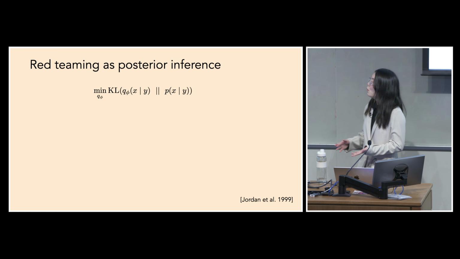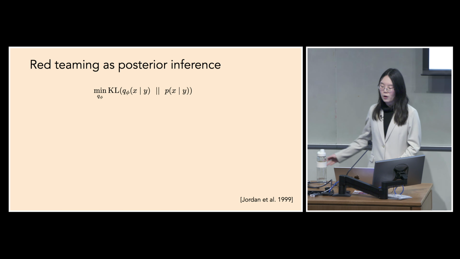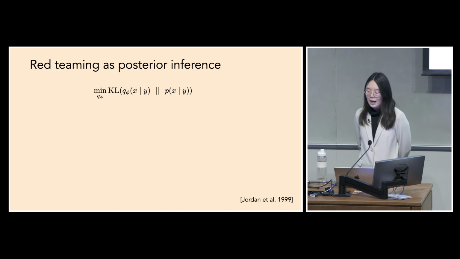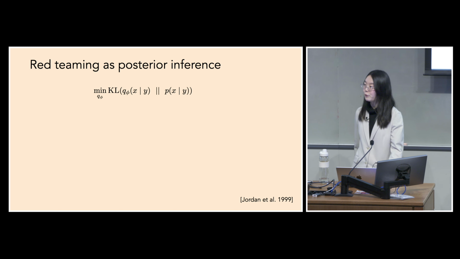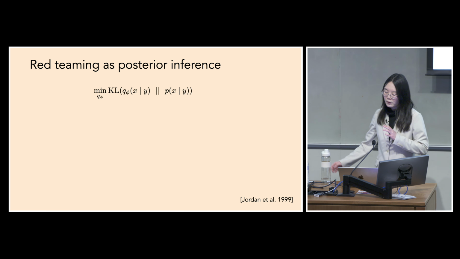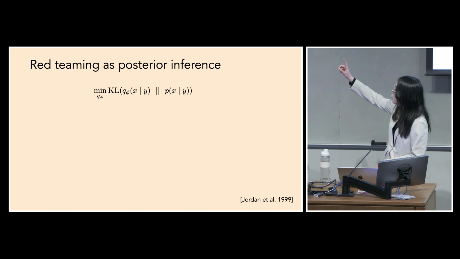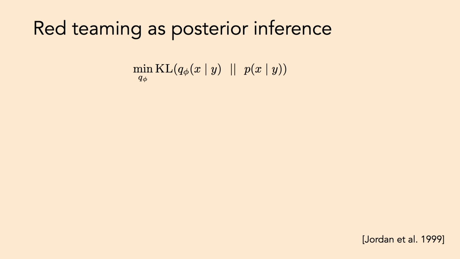So we really need to solve for this posterior inference problem more directly. And we use the technique from classic statistics called variational inference. So we want to reverse the model, which is we want to learn this Q phi to approximate the true right-to-left posterior of our model, which is P of X given Y. And this equation at the top can be rewritten into three terms.